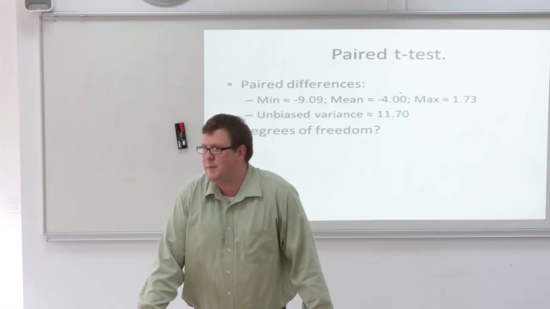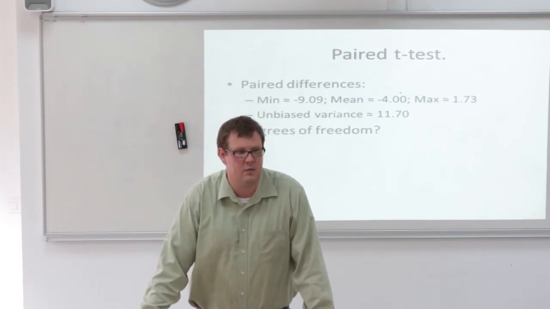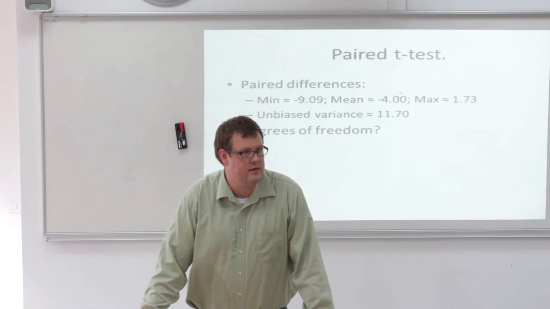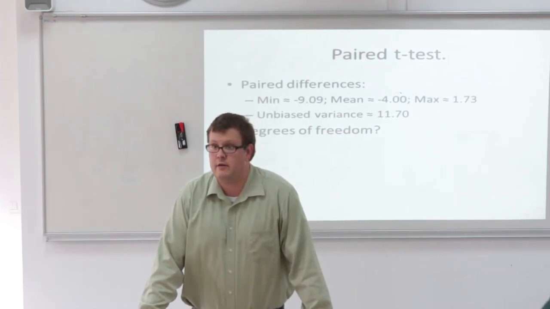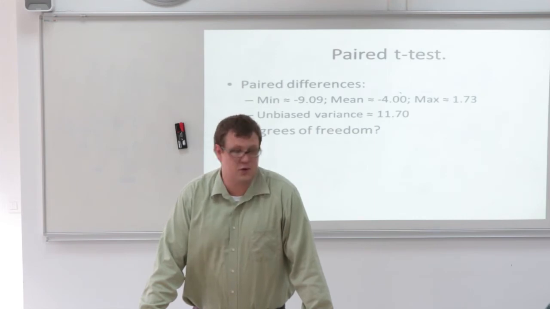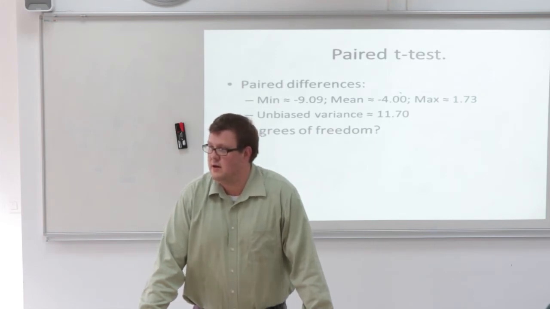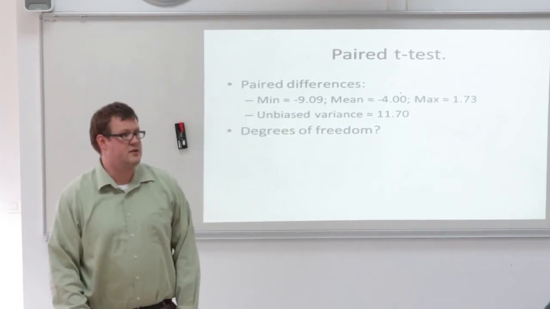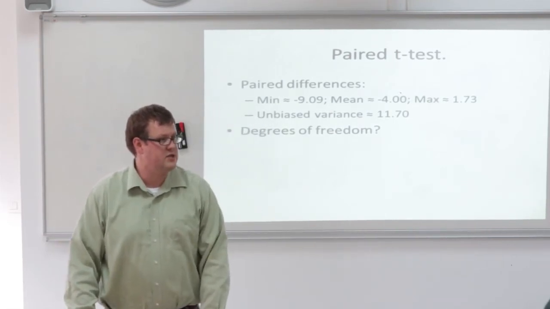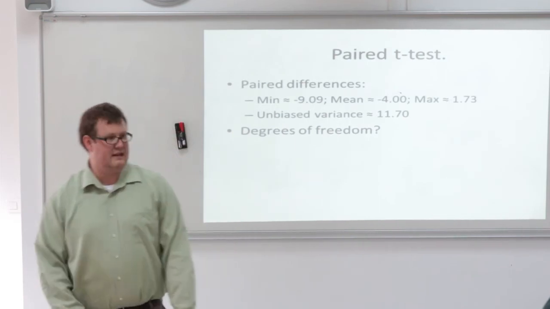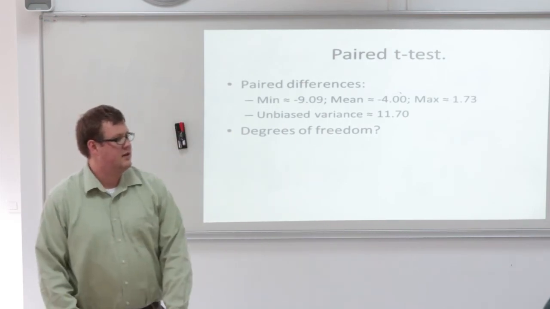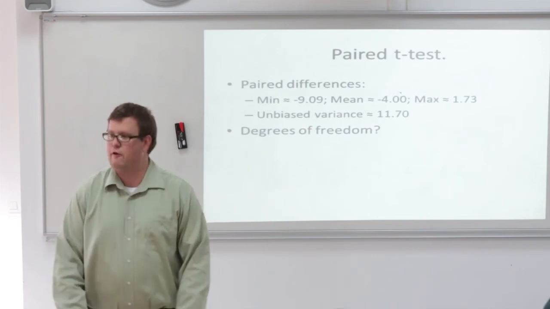Why are they right? What are we analyzing here? We're analyzing differences, right? How many differences do we have? We have 12 differences. We had 12 observations in sample 1, 12 observations in sample 2. If we were doing the independent t-test, we would have 24 observations.